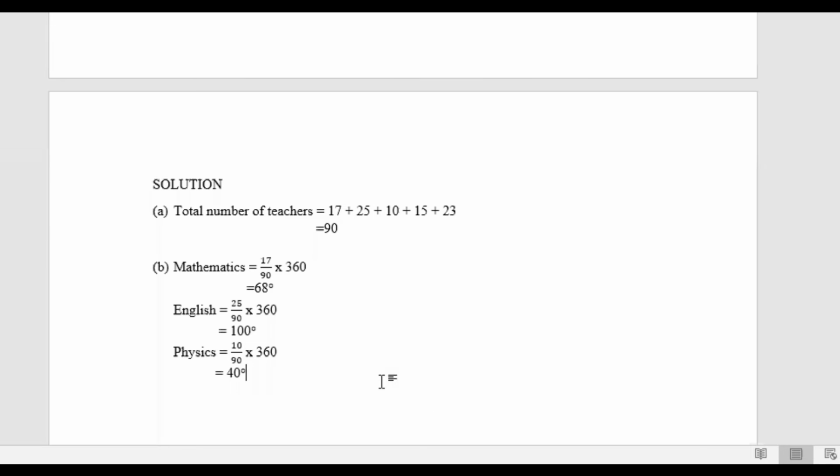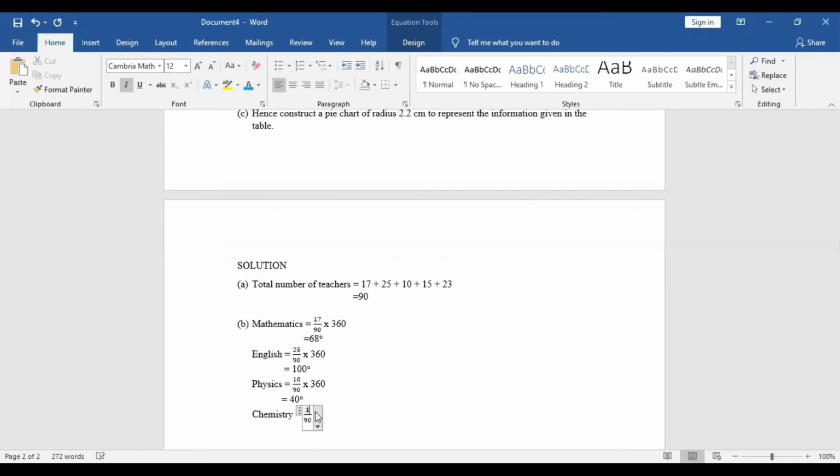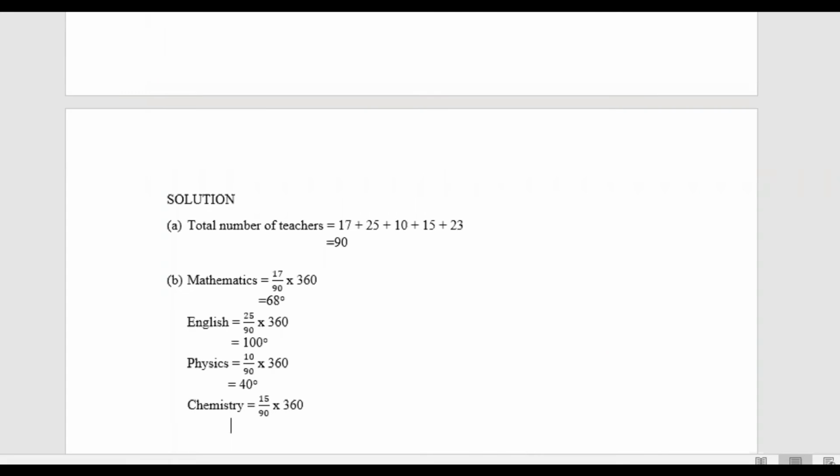Okay, then we go to the other subject, which we have as chemistry. Chemistry, that will be 15 out of the 90. Yes, so there'll be 15 out of 90 multiplied by 360. What will we get there? 60. 60 degrees.